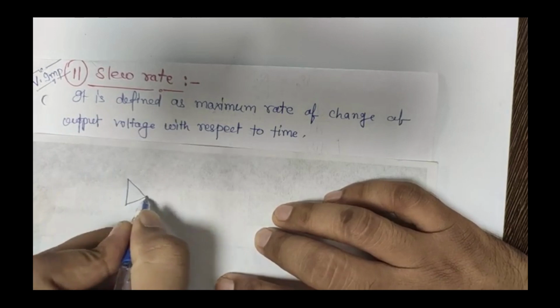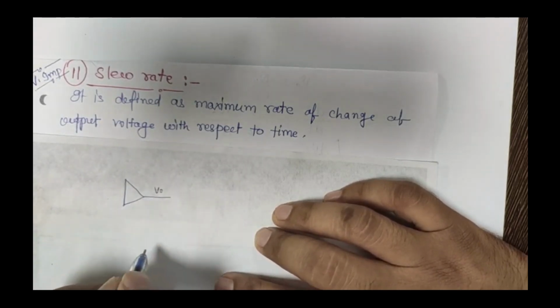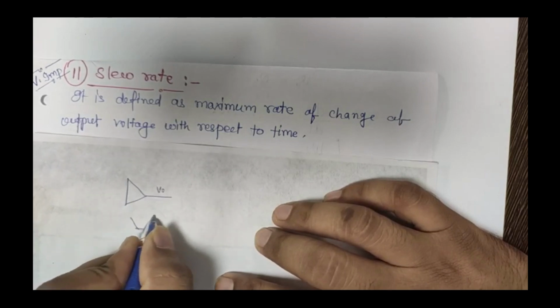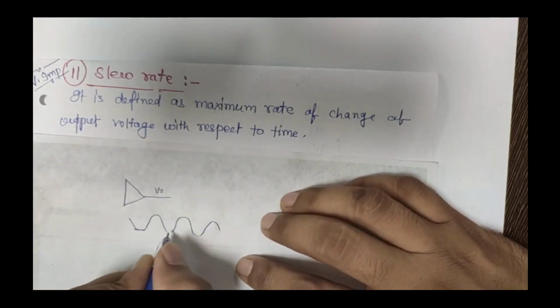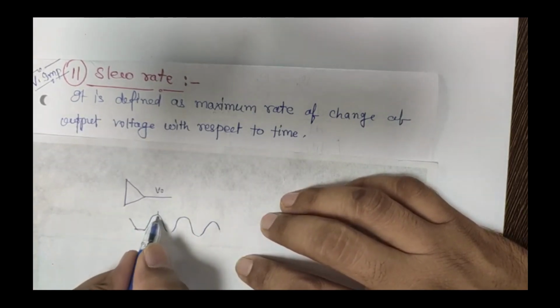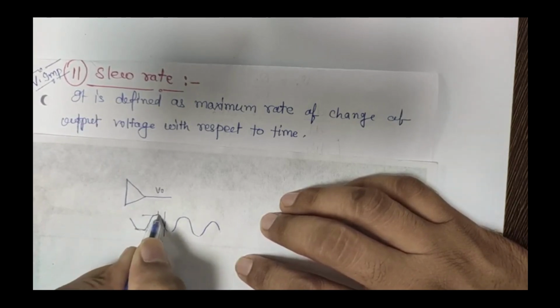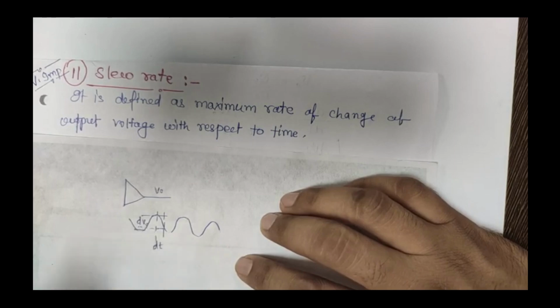This is the operational amplifier, and the output is V0. If the output is sinusoidal, then the output would be like this, and the rate of change of output voltage is, let us take a small difference in time dt, and in this small difference of time, whatever is the change in output voltage, dV0 upon dt.